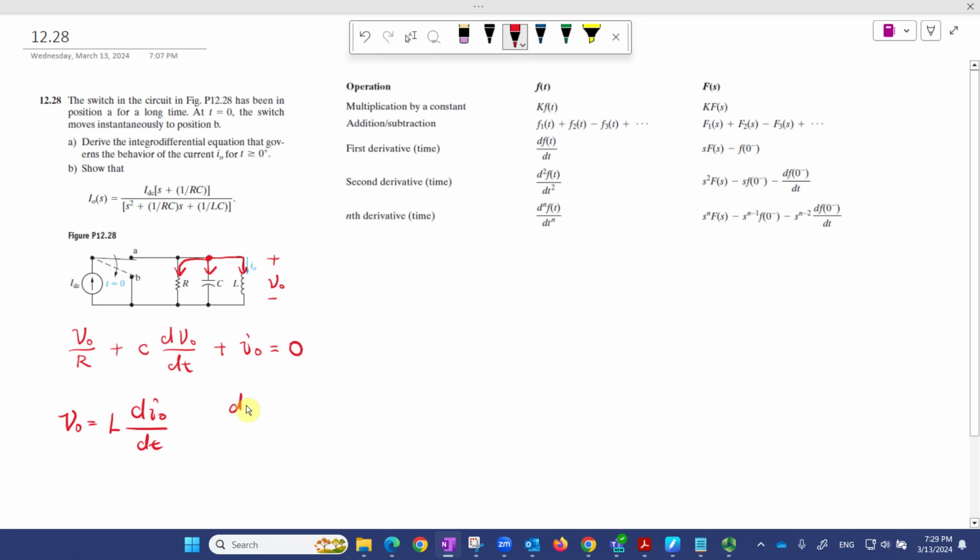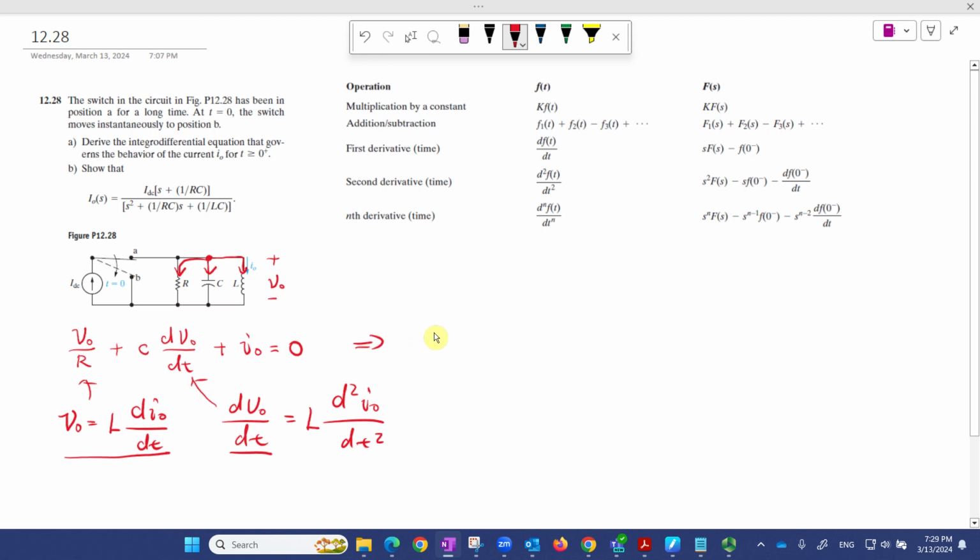For the second term, dV/dt, dV0/dt is just the derivative of this one, so it equals L times the second order derivative, d squared I0 over dt squared. If we plug this one to here and this one to here, we're going to get this.